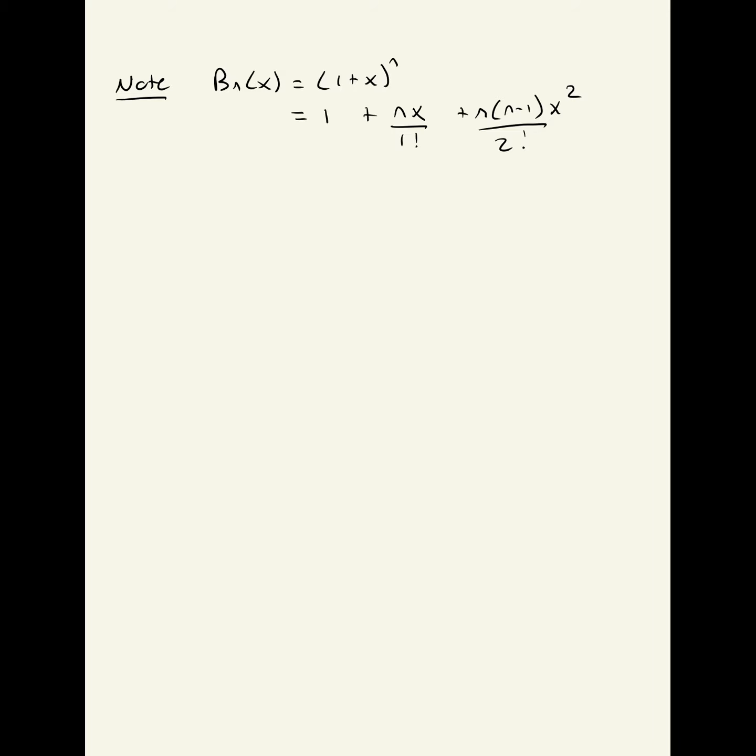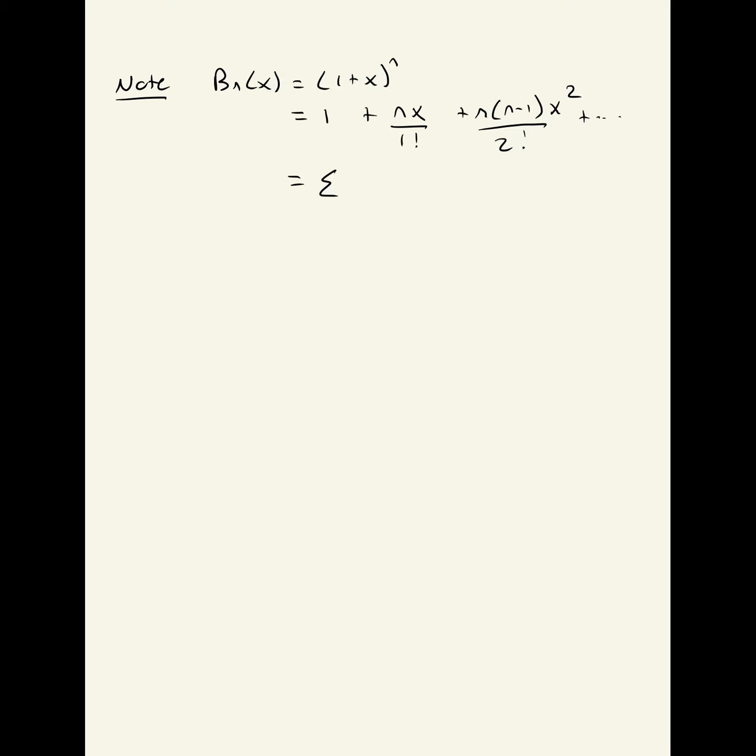This continues: I'm going to have to take an n minus 2 and bring it down in front, and continue doing this. So what's happening is I'm taking n factorial and dividing by n minus k factorial.